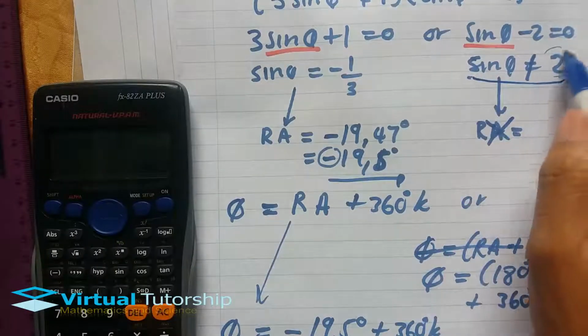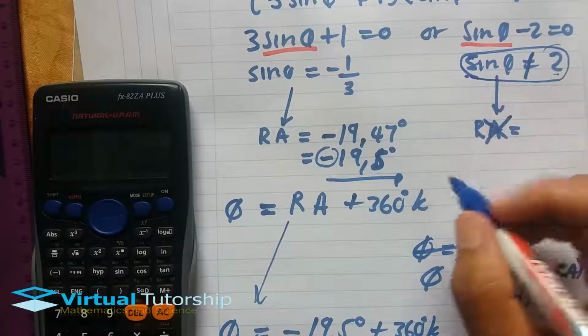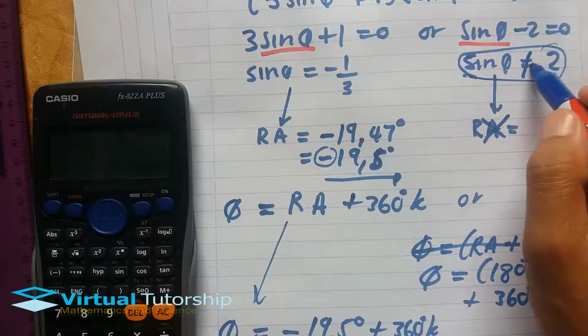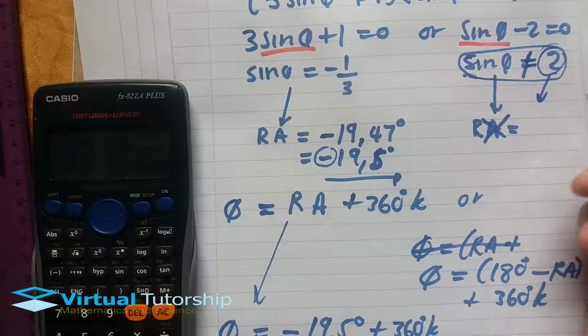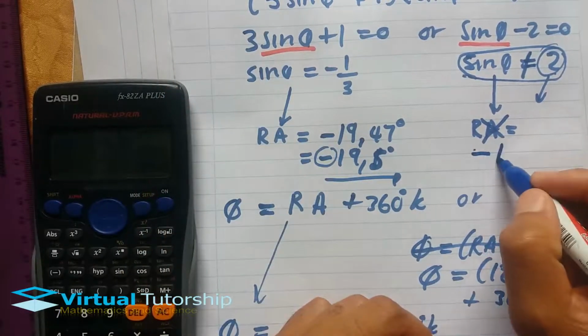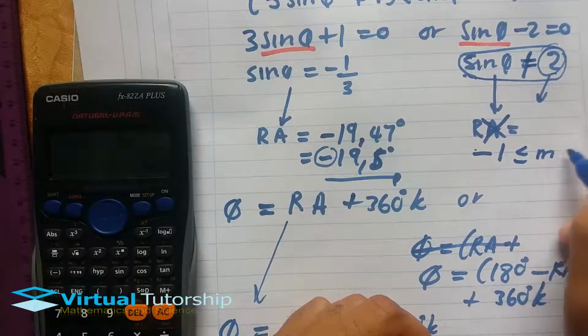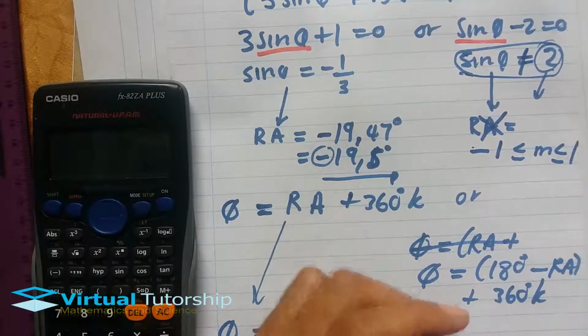This one we cancelled or left out. Why? We did not simplify further because our m does not have the restriction of minus 1 less than m less than or equal to 1. Okay, let's continue.